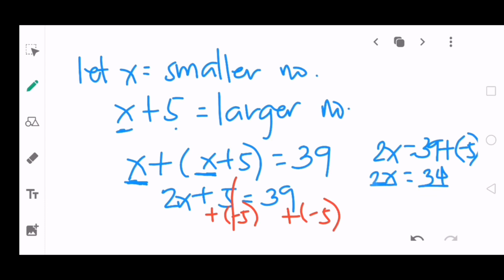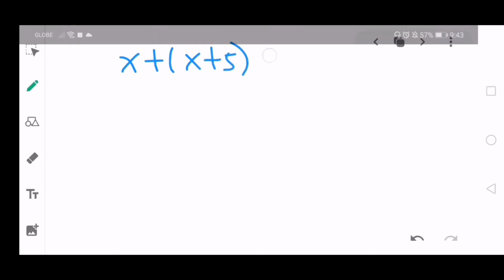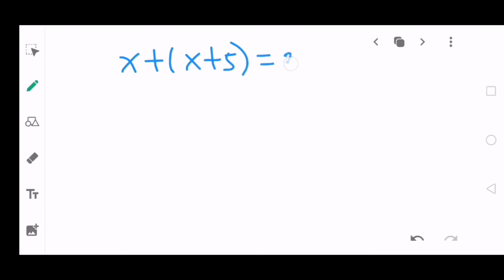Dividing both sides now by 2 to retain x, our x is equal to 17. So let's check now if this satisfies our equation. Our equation is x plus x plus 5 is equal to 39.